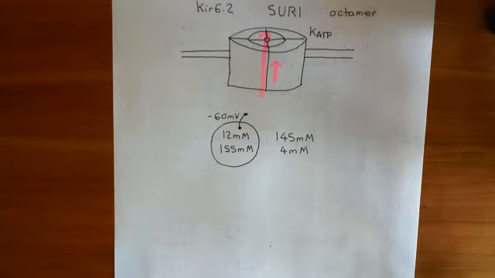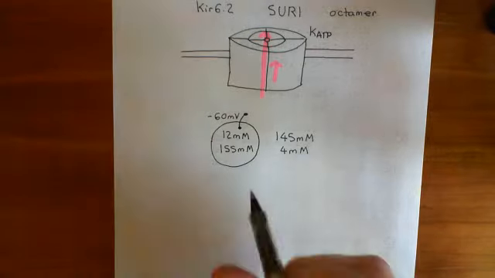It means that it is the electrical potential that you need to have across that cell membrane so that there is no net movement of charge across that membrane. It is not, repeat, it is not the Nernst potential for sodium or the Nernst potential for potassium.